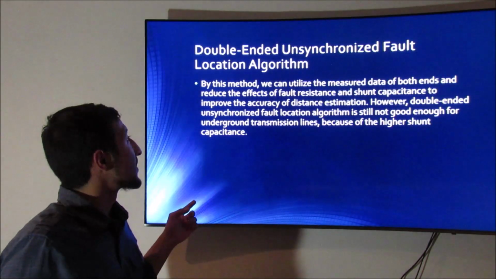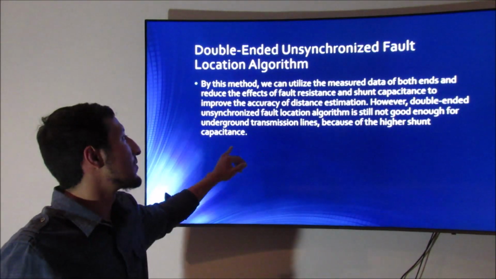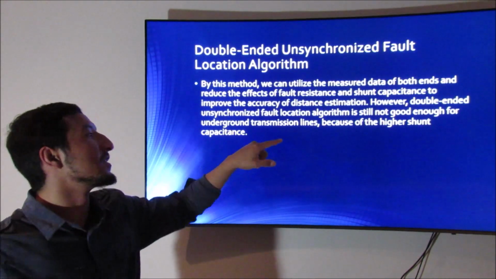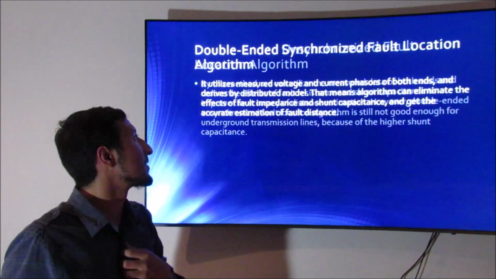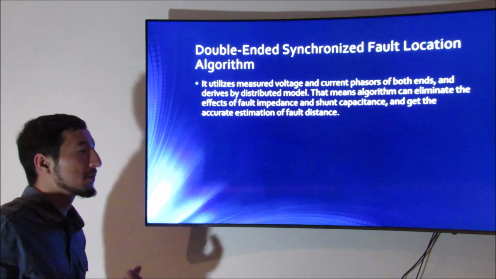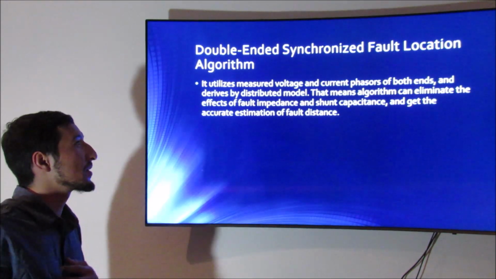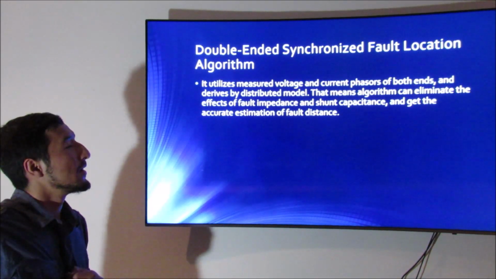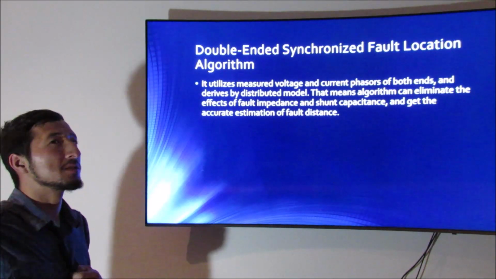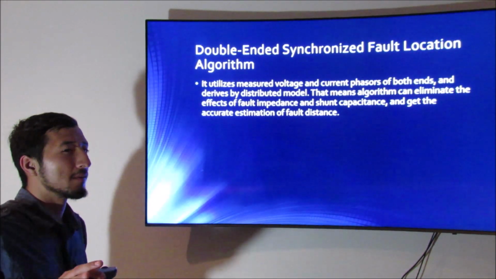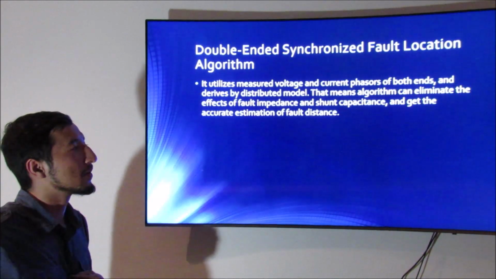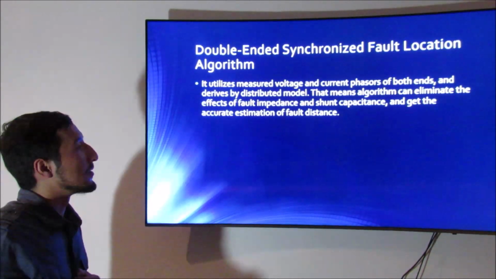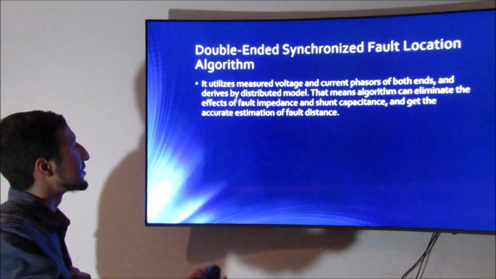But the double-ended unsynchronized is still not good enough for the underground transmission line since you have a higher shunt capacitance. Now for the last algorithm, they called it the double-ended synchronized, and it was the most accurate method that they could use with the actual fault search.